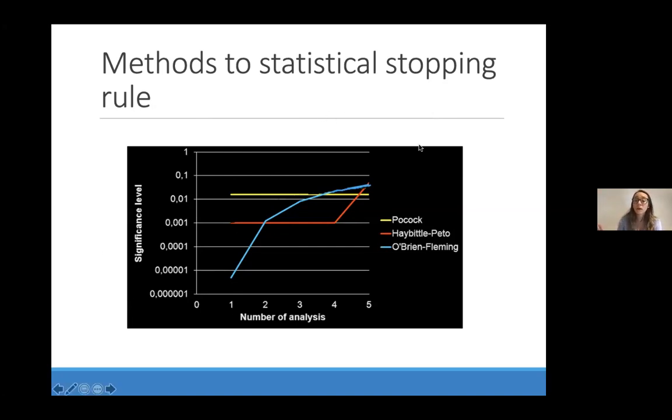Do you want to talk about some disadvantages of any of these methods, or for instance, in which type of trial they would be used more, and so on? Anyone?